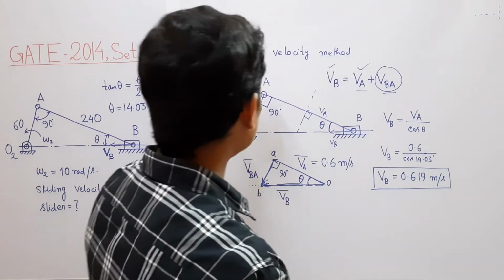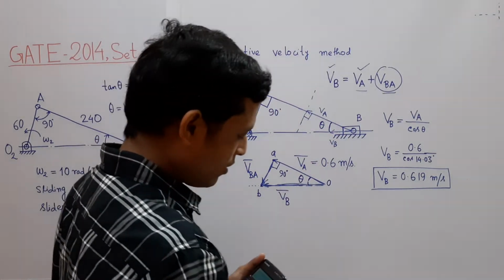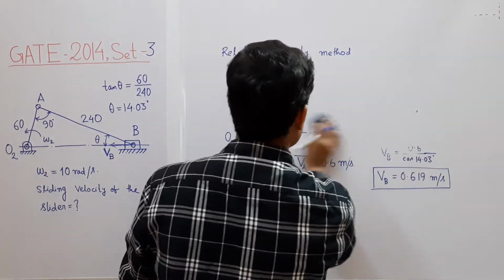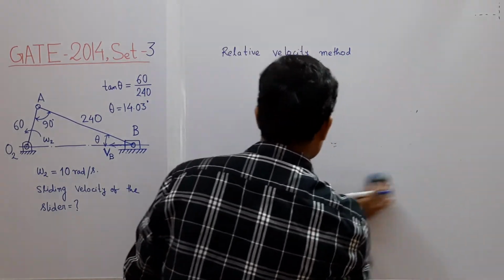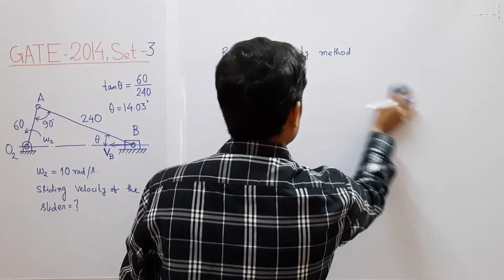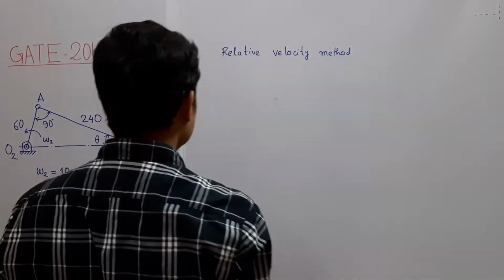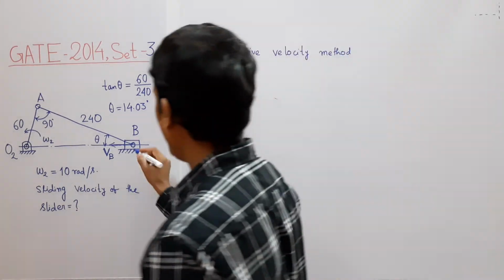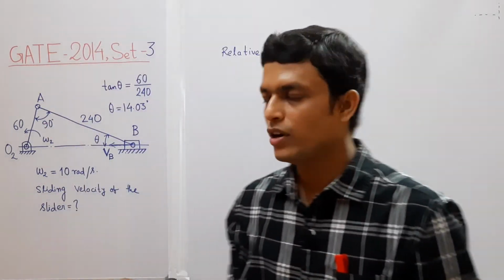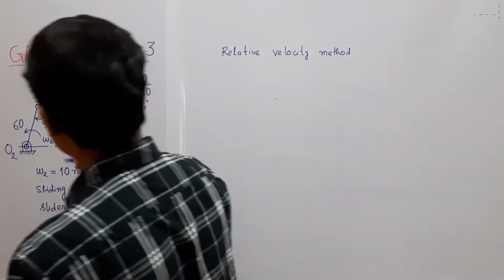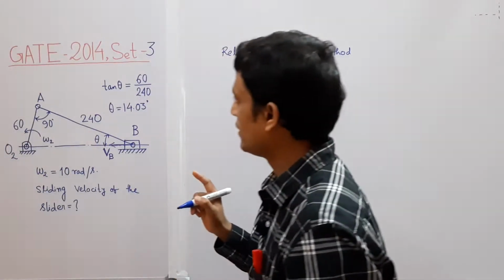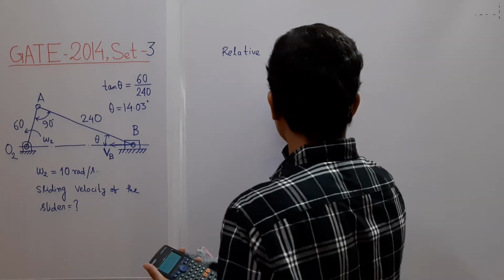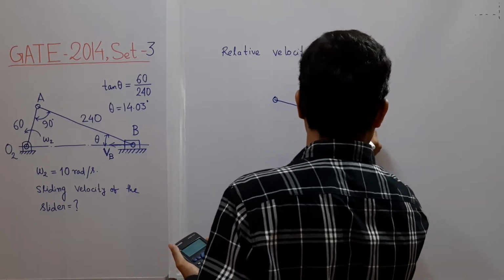by relative velocity method. You can also determine it by using the basic principle. What is that? You can easily determine by the basic principle, that is A and B are on the same rigid body, connecting rod. So velocity component of A along AB, say this is link AB.